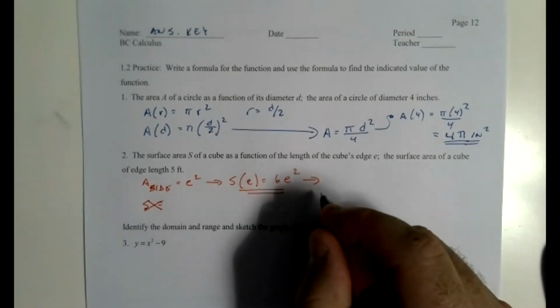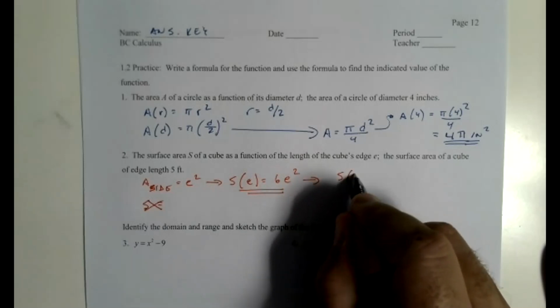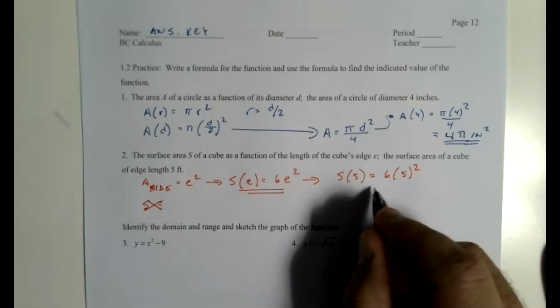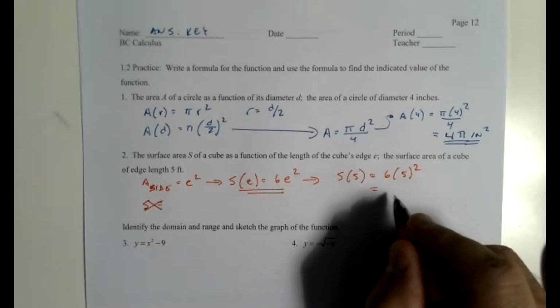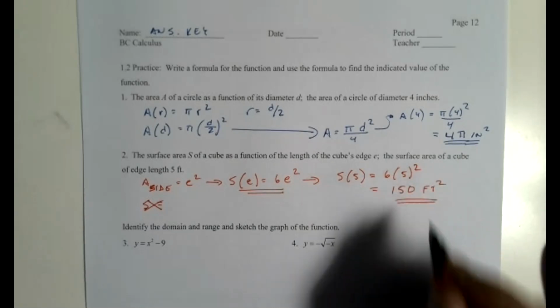So what's the surface area given a cube with an edge length of 5? 6 times 5 squared equals 150 feet squared.